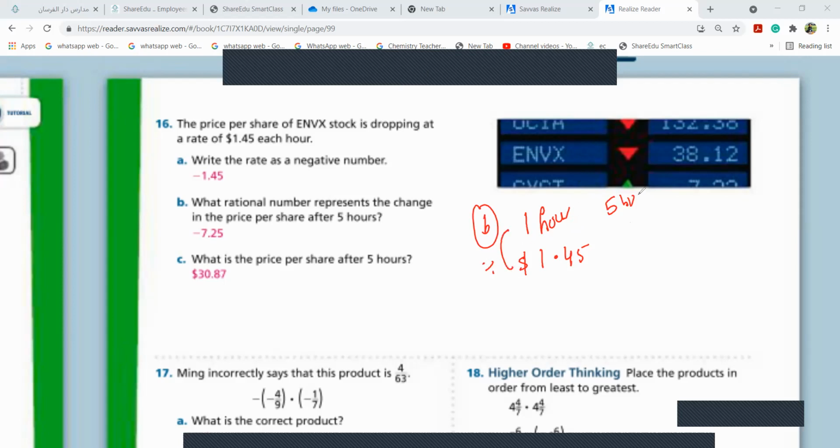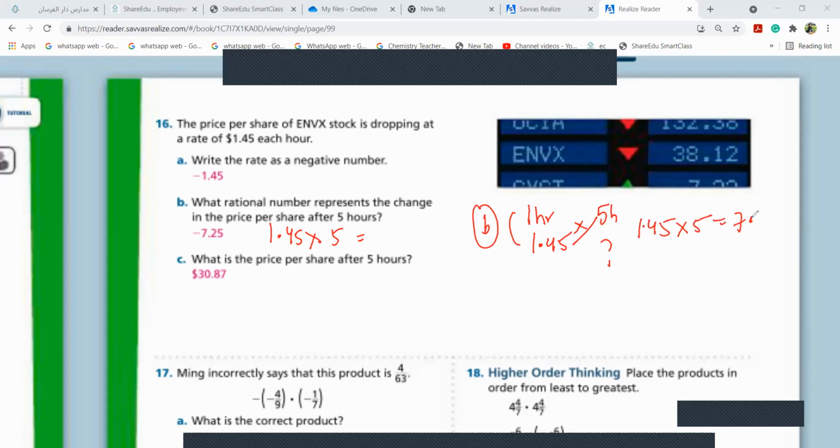For 5 hours, it will be 1.45 multiplied by 5. For 1 hour, it's 1.45, so 5 hours, how much? You multiply this, you divide this, and anything divided by 1 is the same, right? So 1.45 multiplied by 5 is nothing but 7.25.